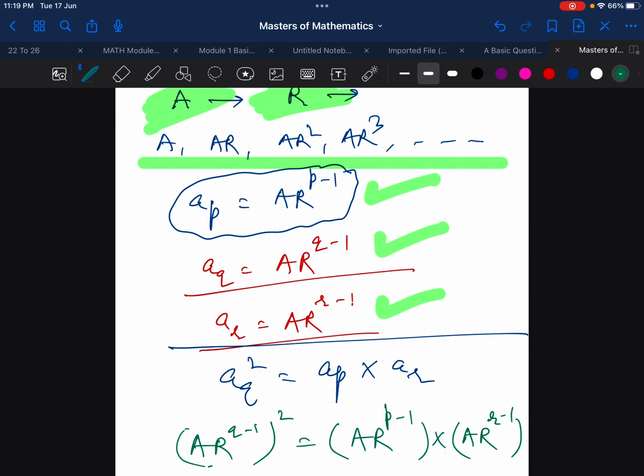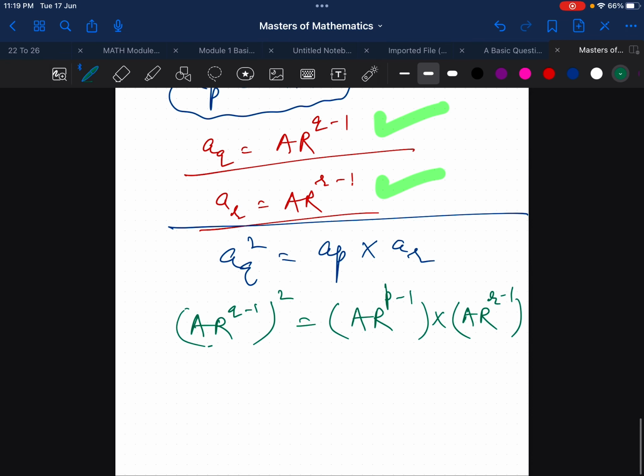I need to prove it. So let us start from the right hand side first. Bases are the same, so powers will be added. So I can write A into A square, and here bases are the same, so powers will be added: R raised to power P minus 1 plus R minus 1. So I can write A square R raised to power P plus R minus 2.